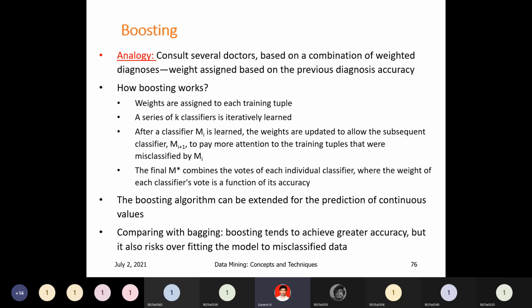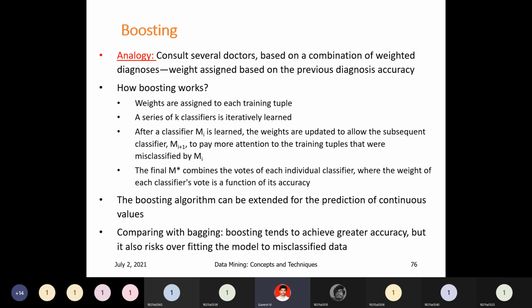To pay more attention to the training tuples that were misclassified by Mi: M1 misclassified, and the M1 error rate is 15%. That error rate you have to rectify in model 2. In model 2 you have to get 14%, and in model 3 you must get 10%. Like that, with less error each time.